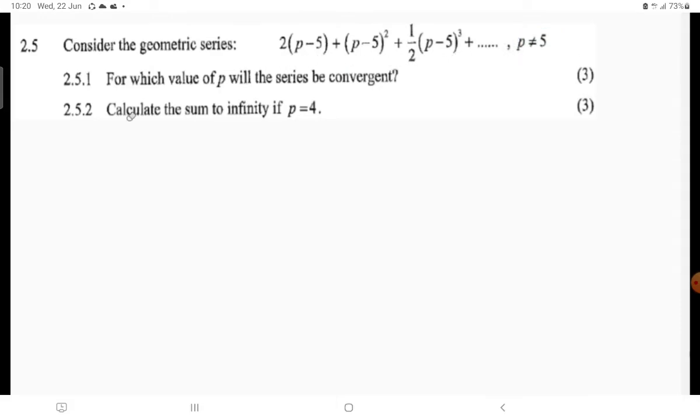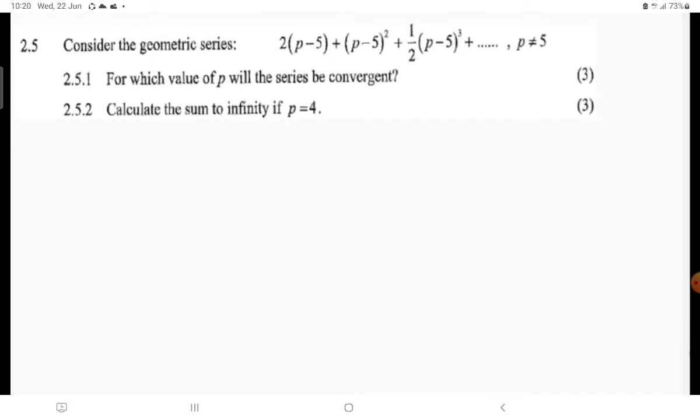Now the question says, for which values of p will the series be convergent? Let's just go through the solution.